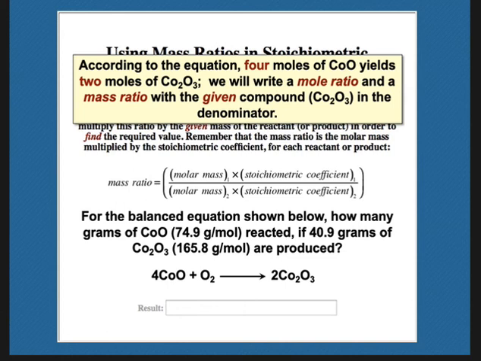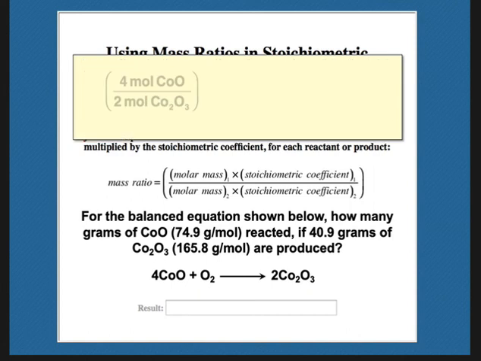We'll take our mole ratio, convert it to a mass ratio with our given in the denominator. So our mole ratio, 4 cobalt 2s give 2 cobalt 3s. Every cobalt 2 weighs 75.